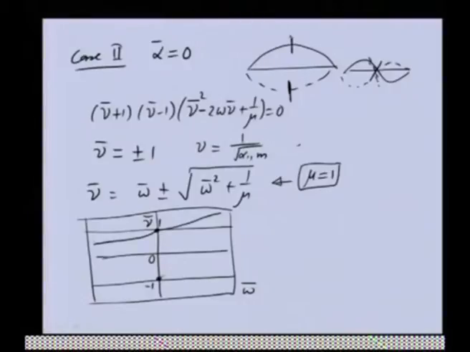Similarly here, because there are positive and negative roots, we will get this kind of curves. So this is a horizontal line, and this is a frequency curve. This is also a frequency curve.